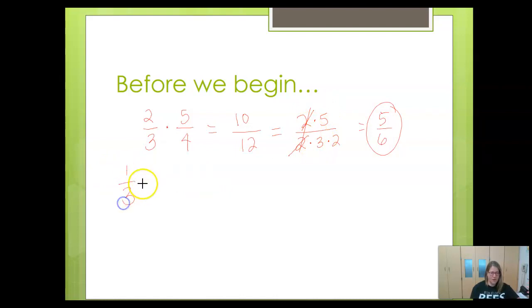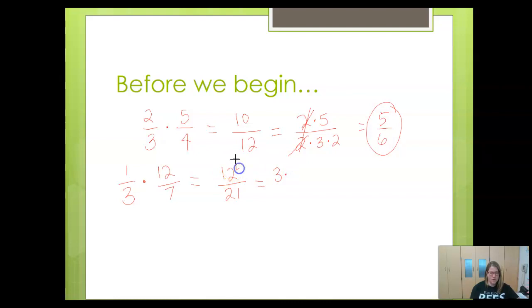So 1/3 times, let's say, 12 over 7. Okay. So again, I'm going to multiply the numerator times the numerator to get 12, and I'm going to multiply the denominator times the denominator to get 21. Now, in order to reduce and simplify my fraction, I'm going to write it out.